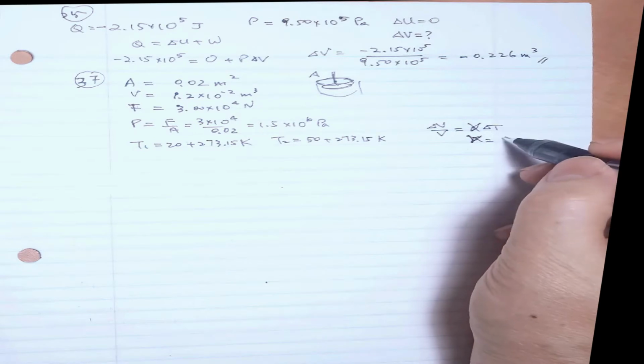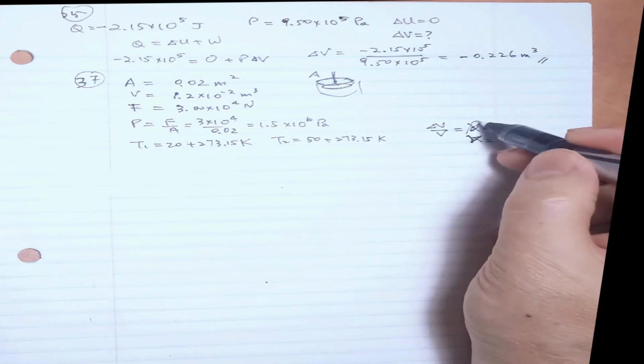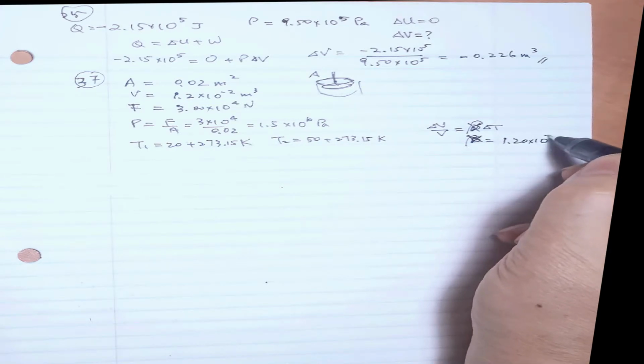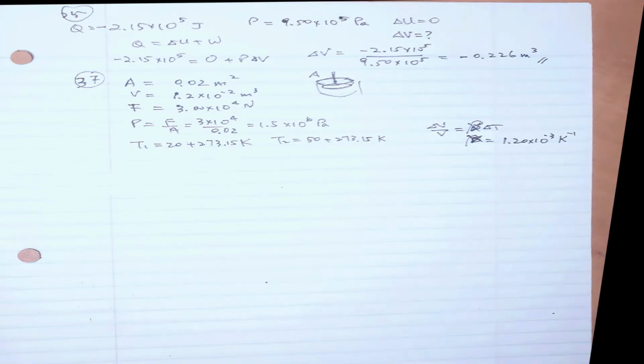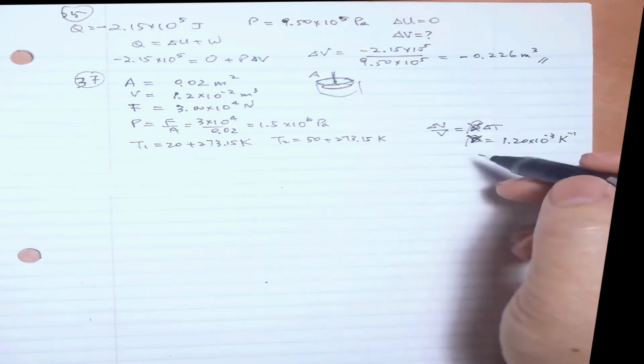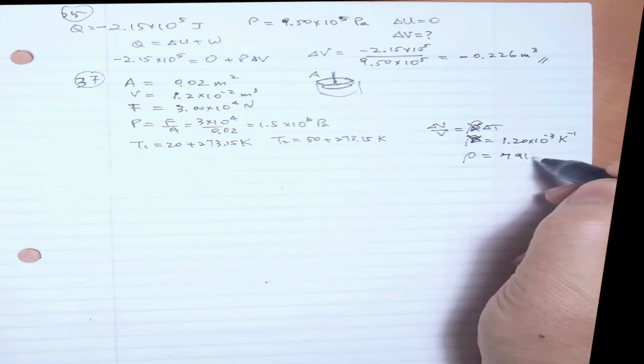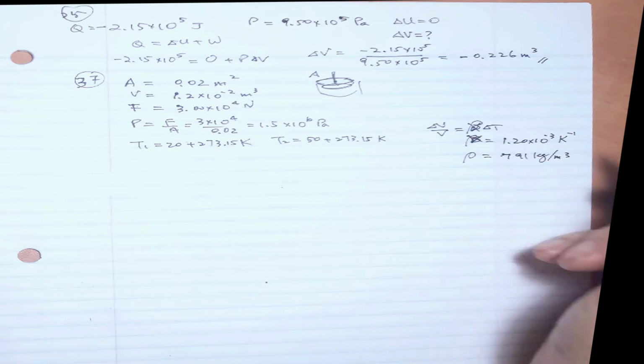This gamma is for volume, or you can call it beta. Beta is 1.20 times 10 to the negative 3 per degree Kelvin. That is the coefficient of volume expansion. And the density, rho, for methanol is 791 kilogram per cubic meter.